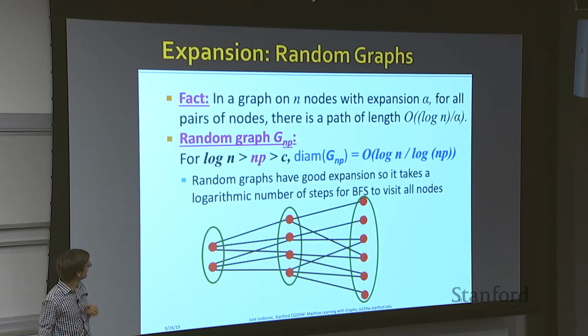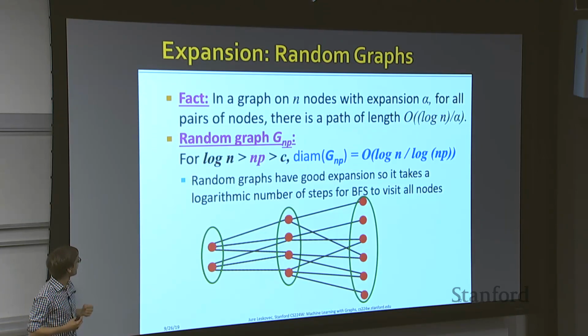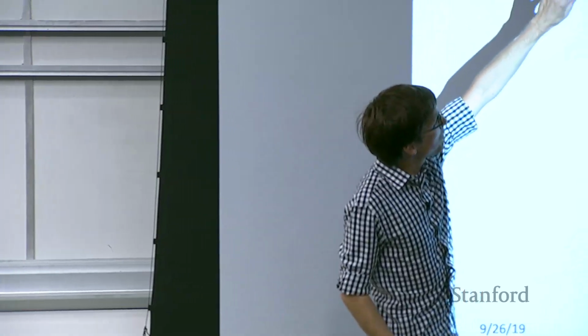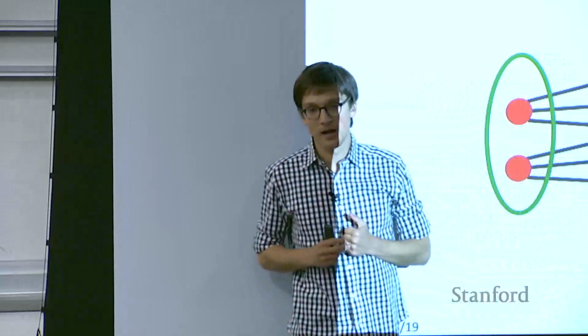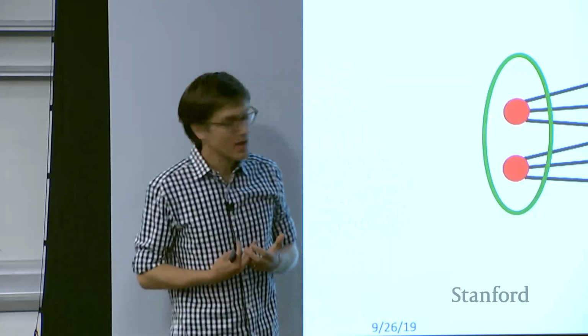So this is a dense slide, but the following is true. If you have a random graph with n nodes and expansion alpha, then for all pairs of nodes, there is a path of length log n divided by alpha. Okay? Why is that the case?